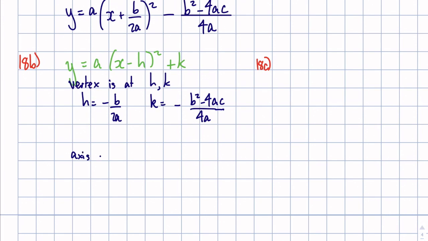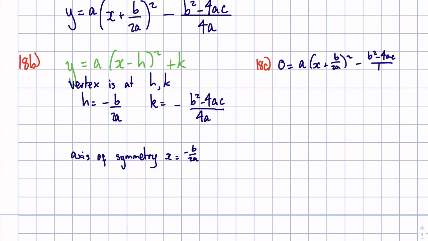Axis of symmetry, x equals minus b on 2a. Okay, so we've got 0 equals a outside of x plus b on 2a all squared take b squared take 4ac all over 4a.